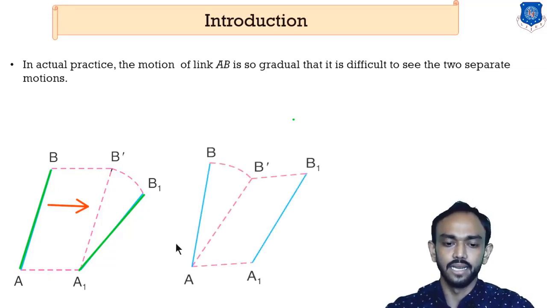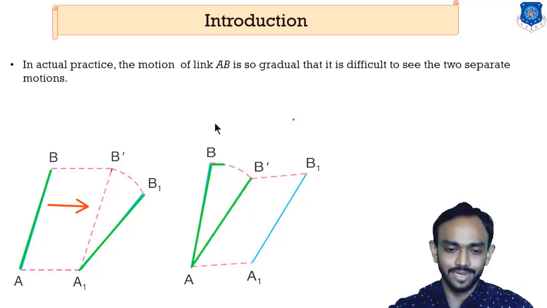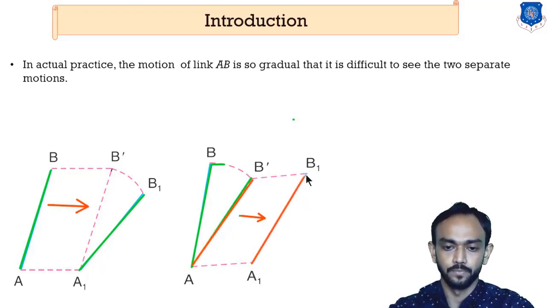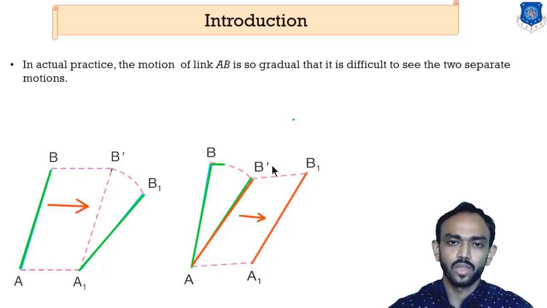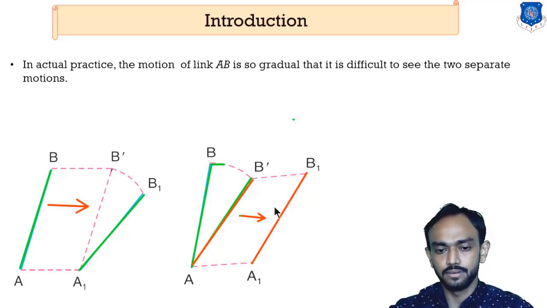We can say that the link is first in the AB condition, after that it moves to the A B dash condition by rotary motion first, and then translatory motion from this position to A1 B1. So in both cases we have assumed both motions: in the first case translatory then rotary, and in the second case first rotary and then translatory.